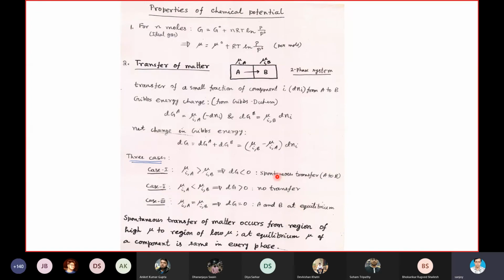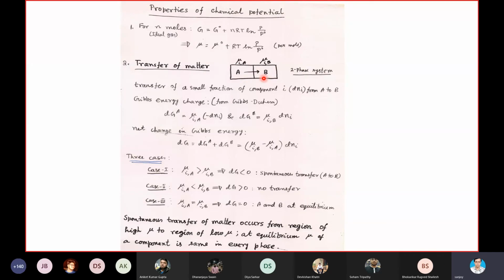So what does it suggest? It suggests that a transfer of matter from one phase to another will be spontaneous if it occurs from the region of high chemical potential to the region of low chemical potential. So for any process to happen, it must occur from the region of high chemical potential to the region of low chemical potential.